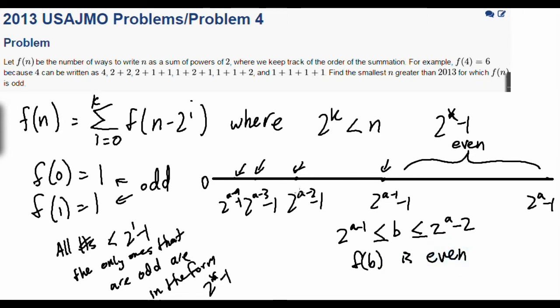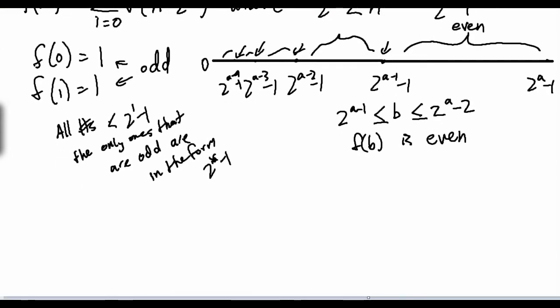If we prove this, we can use induction to prove that all these spaces, all the numbers in between them, are even. fb is even in all these spaces, and thus we can prove the only numbers that give an odd yield are in the form 2 to the x minus 1.